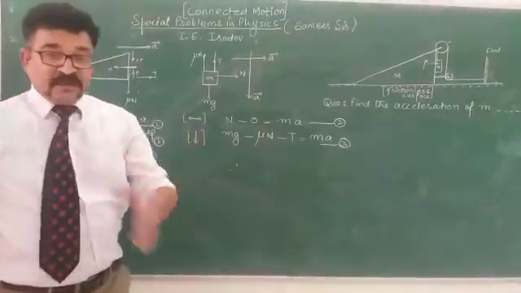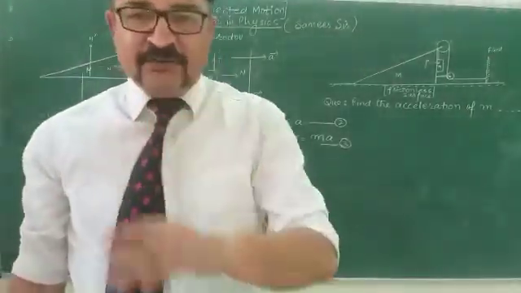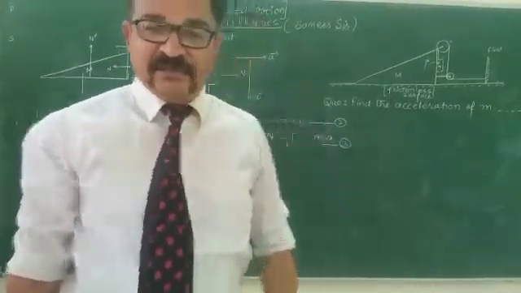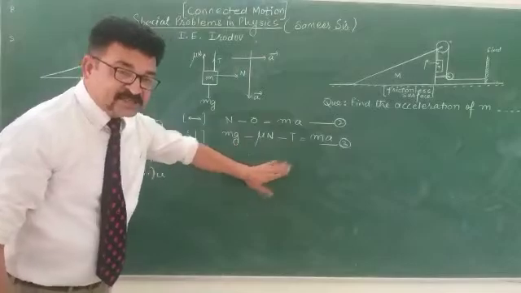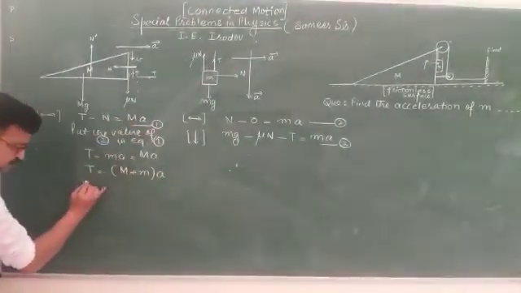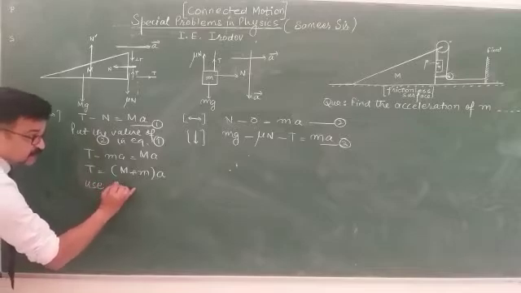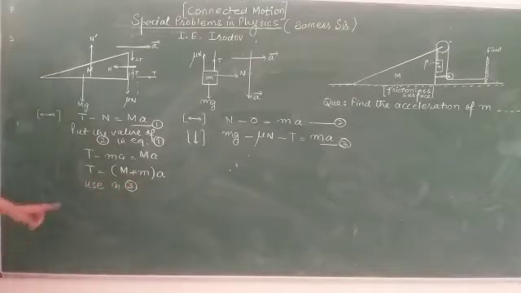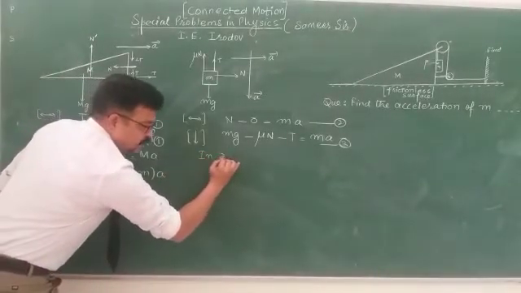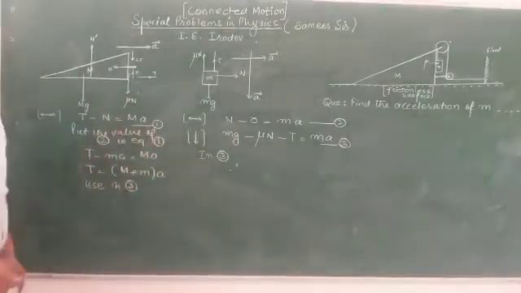You know that my question is not to find out the value of tension. My question is to find out the value of acceleration. So let us eliminate the tension from this equation. I am using this value in equation number 3. What will you get? Equation 3 gets modified.